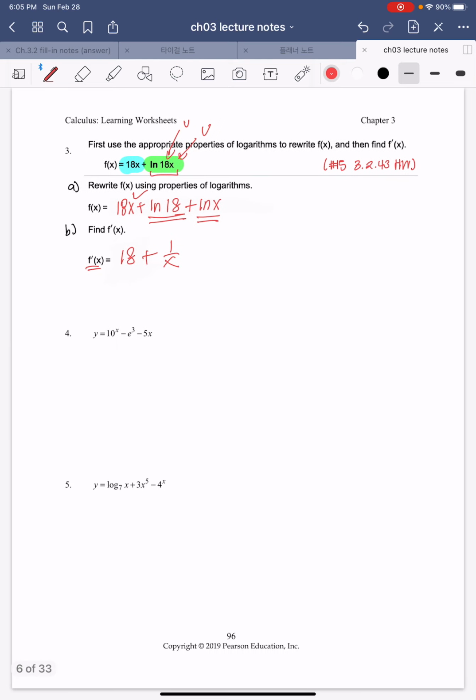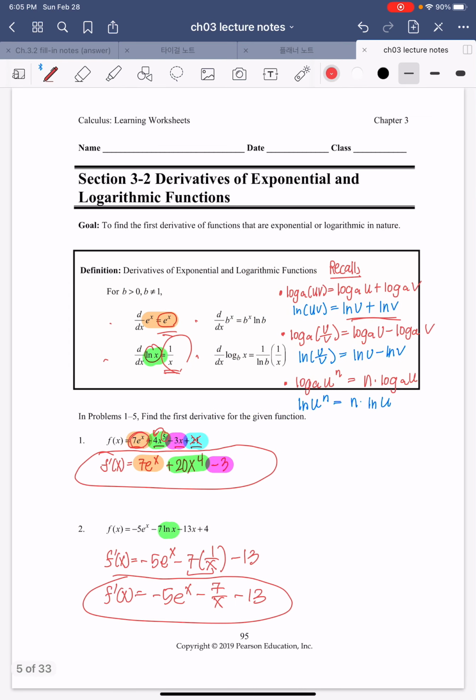So that's a trick. Let's go to number 4. Number 4 is not a bad one. Again, 3 terms, so we will differentiate term by term. So the derivative of y, 10 to the x, to me looks like b to the x, where b is any number. So the derivative of 10 to the x will be 10 to the x ln 10.